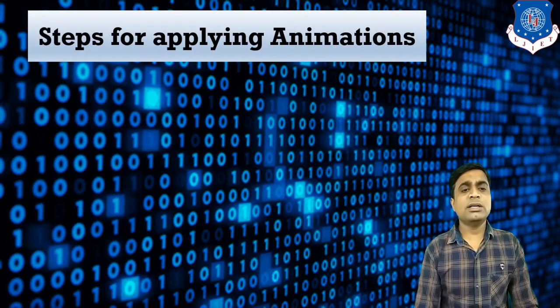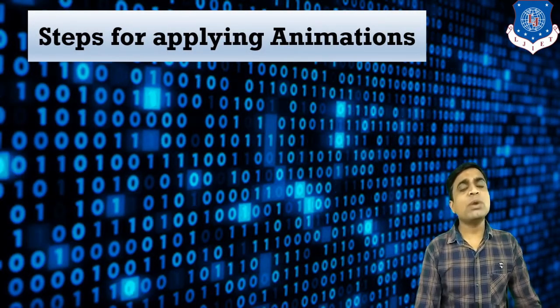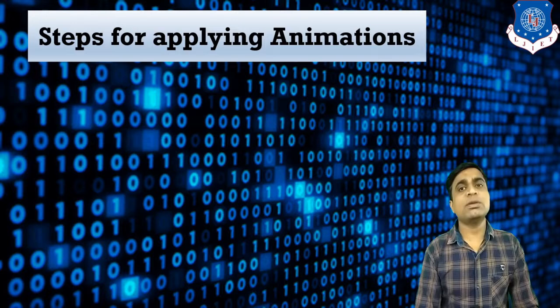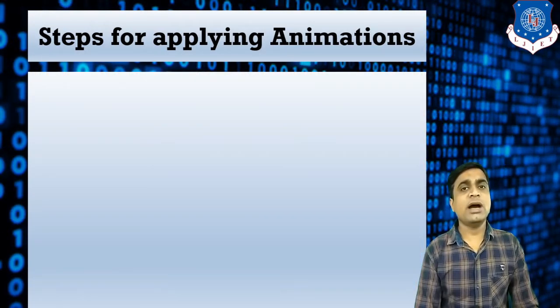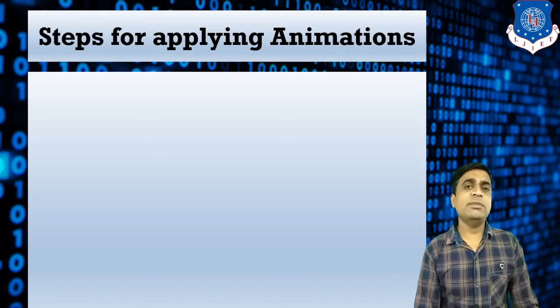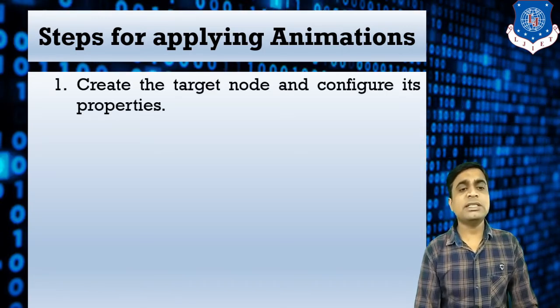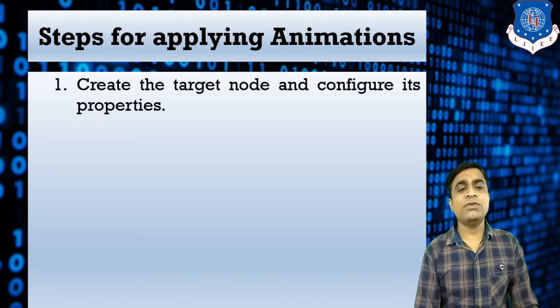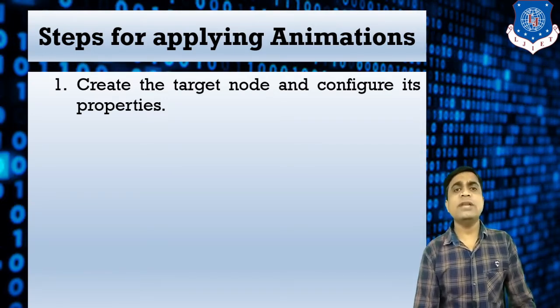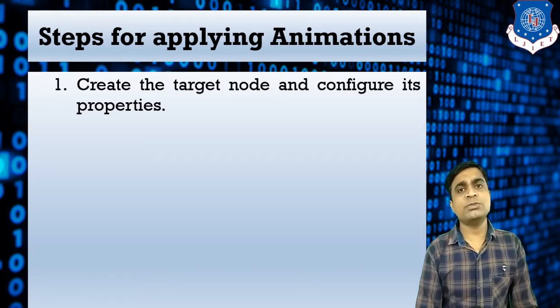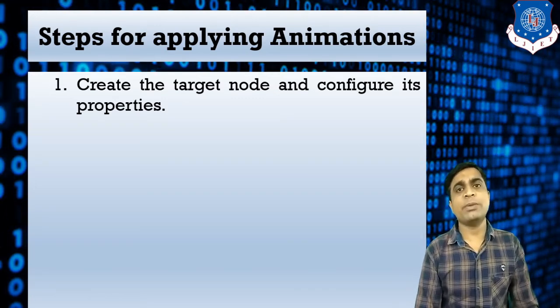Here I am giving some of the steps for how to apply animation in our program. The first one is to create the target node and configure its property. Suppose you want to use a fade transition, then you create a node object and configure its property according to requirement.